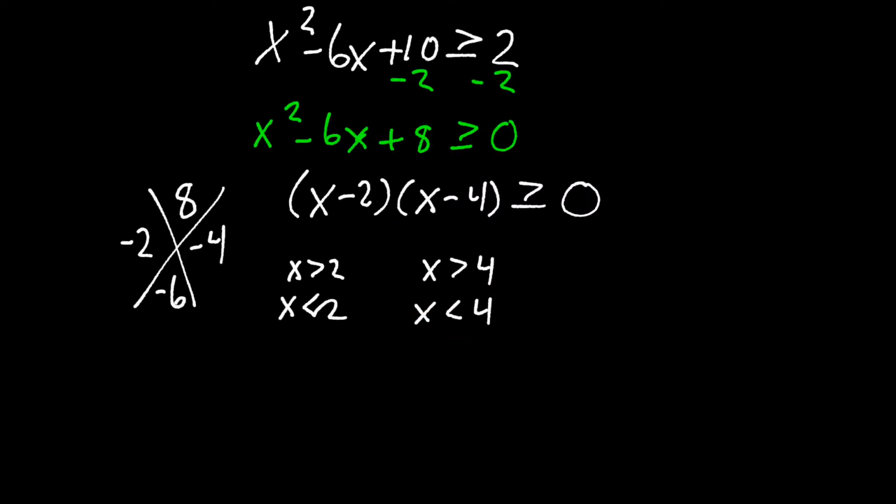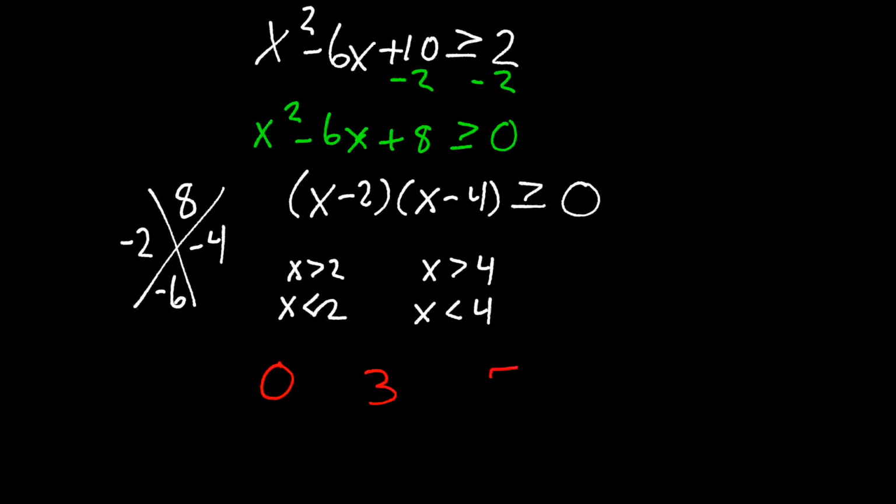So if we're smart, we can choose specific numbers. Specifically, I'm going to test 0 because 0 is less than 2. I'm going to test 3 because 3 is bigger than 2 but also smaller than 4.